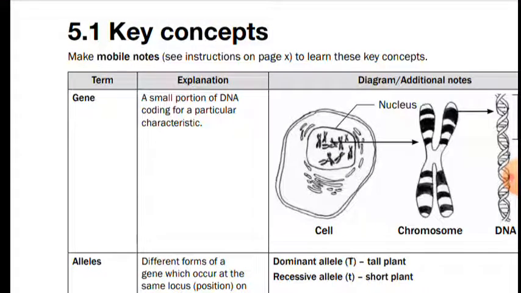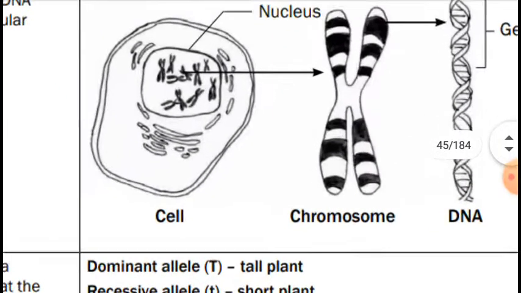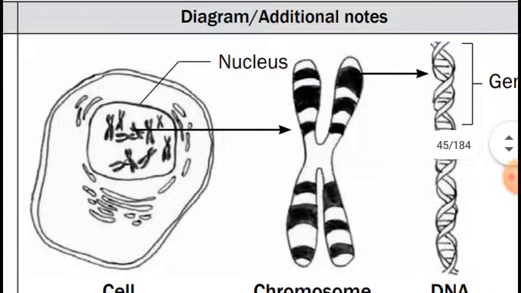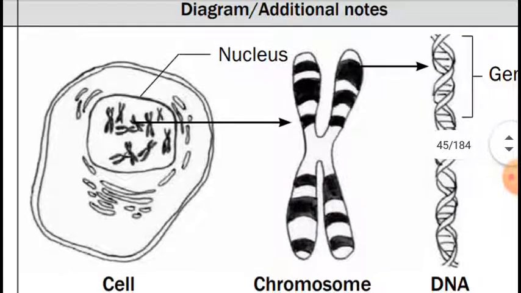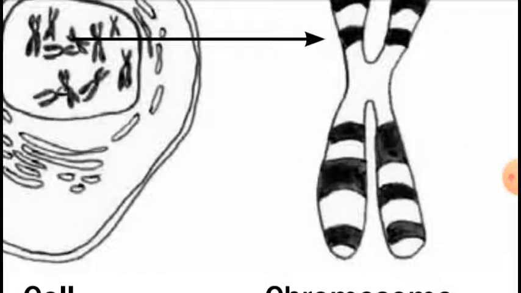So what is a gene? A gene is a small portion of DNA coding for a particular characteristic, like this one. This is a chromosome, and a chromosome has different places in it. These black lines show us that this portion is for an eye and other ones are for hair.